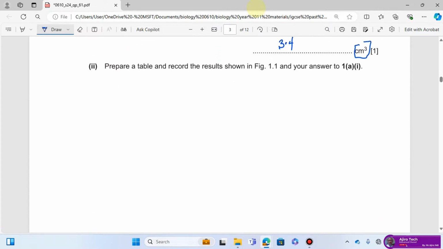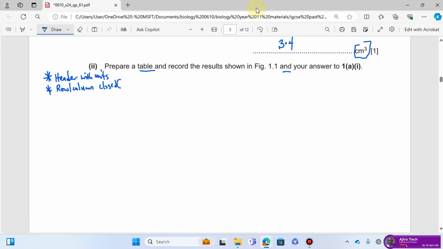Now the question says prepare a table and record the results shown in Fig 1.1. There are important things to note when preparing a table. Your table must have a header with unit. Then in your table, you must also have the rows or columns closed.